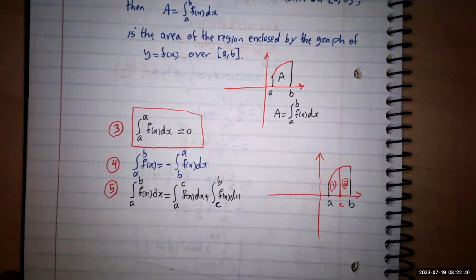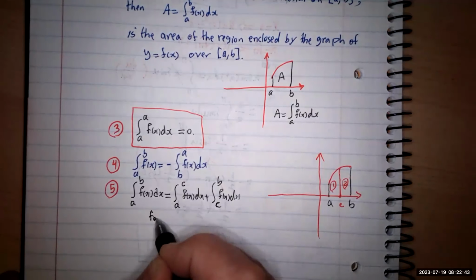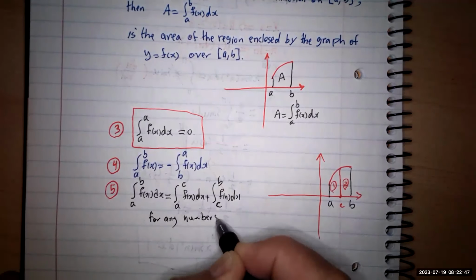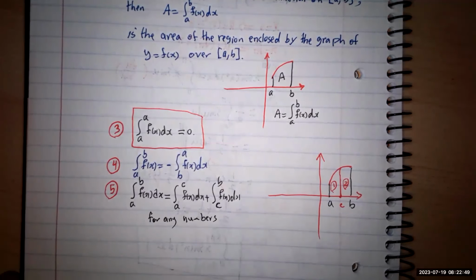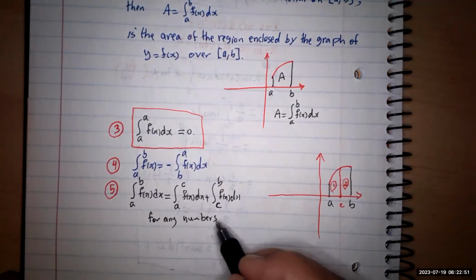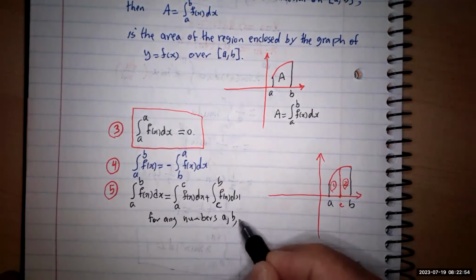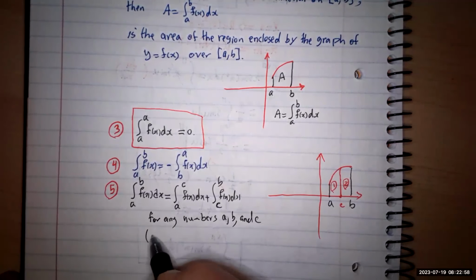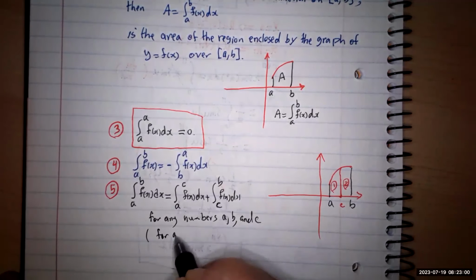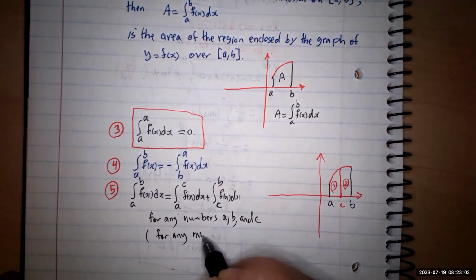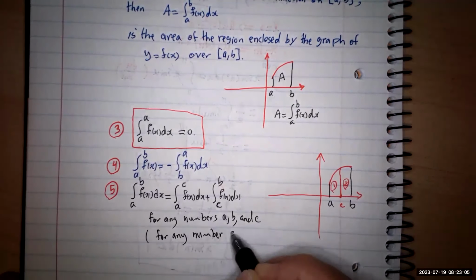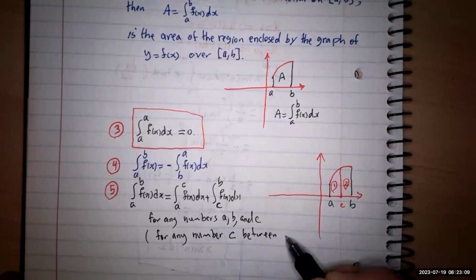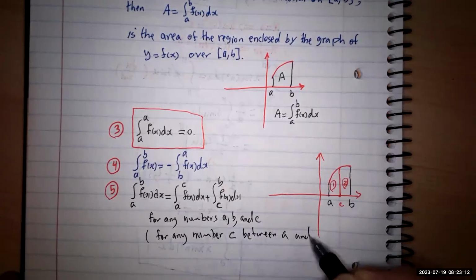So this can be true for any number. They usually say C between A and B. It doesn't matter really. Any numbers like A, B, and C, or like in your book, any number C between A and B. It doesn't matter.